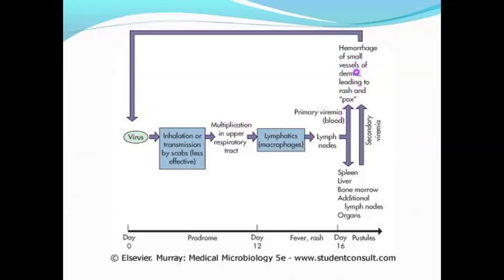It can either go that direction or it can affect the major organs like the spleen, liver, bone marrow, additional lymph nodes. As you can see, from day 0 when you get the virus, multiplication continues till somewhere around day 12. Then here's where you get the fever and the rash. Then from day 16, we have the formation of the pustules, as I'm going to show you.